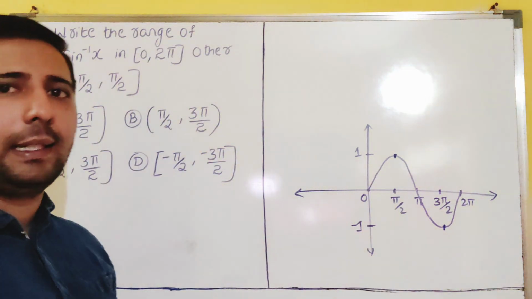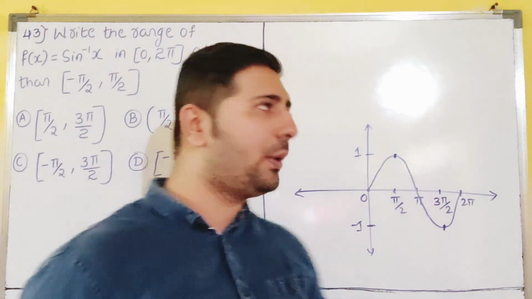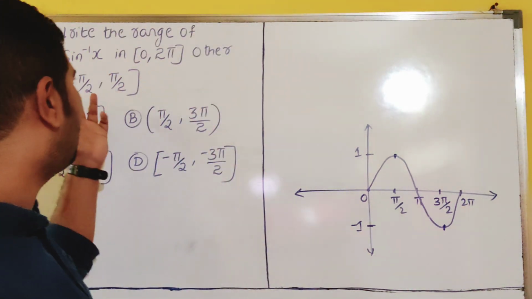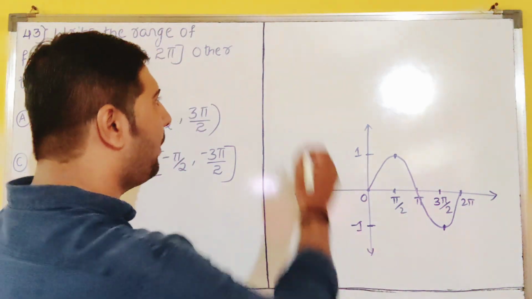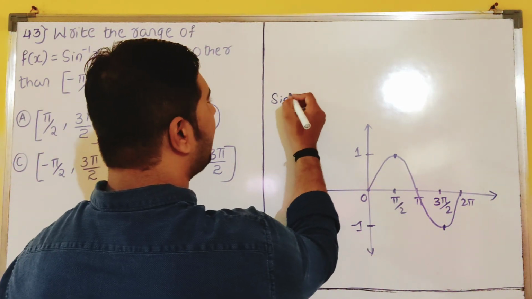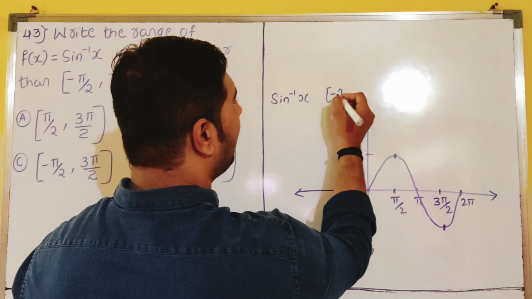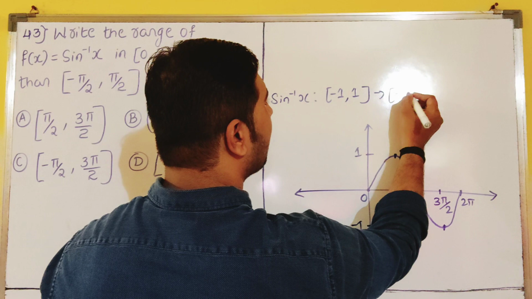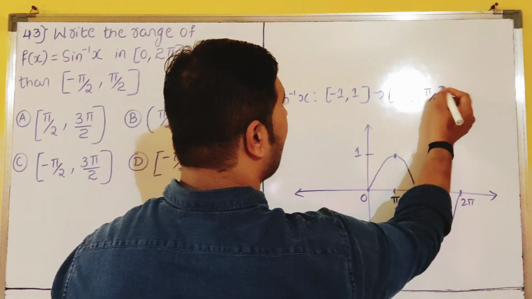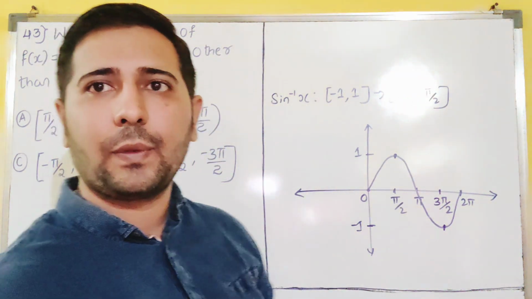Which is the answer it is giving? Because when we put the range, our domain for this is minus 1 to 1. See, the domain of sin inverse x is minus 1 to plus 1, and the range is minus 90 to plus 90. This is the range I am saying. Fine?